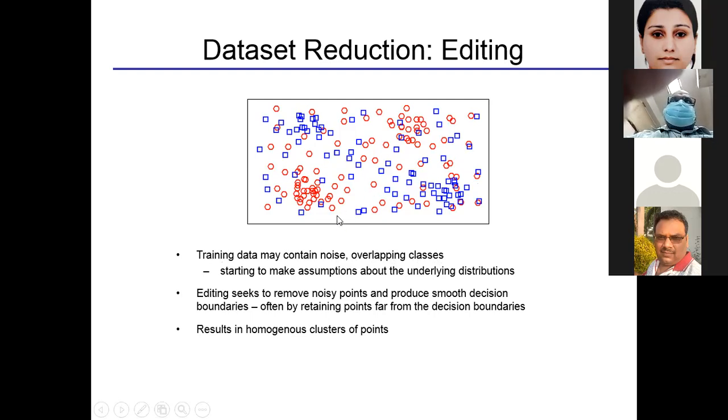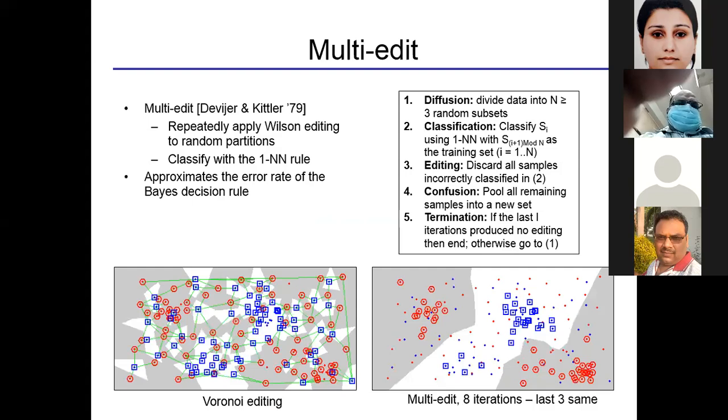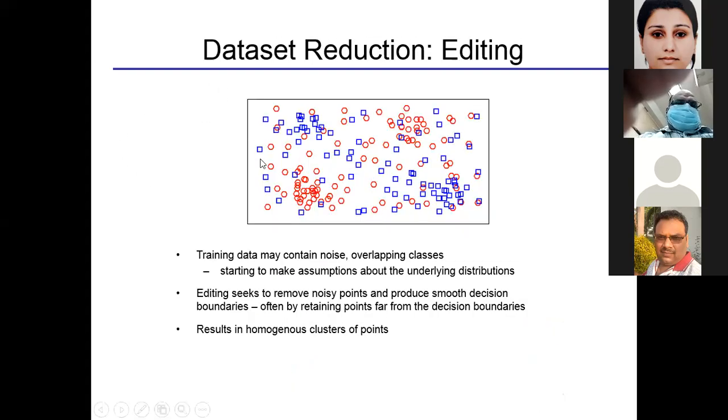For that purpose, we need editing, to remove the noise and to produce smooth decision boundaries, so that we can separate the data from each other. Here the decision boundary cannot be a single linear line or a simpler decision boundary, because you cannot separate the data with linear lines. You have to aggregate the data into certain clusters, and then you can generate the decision boundaries.